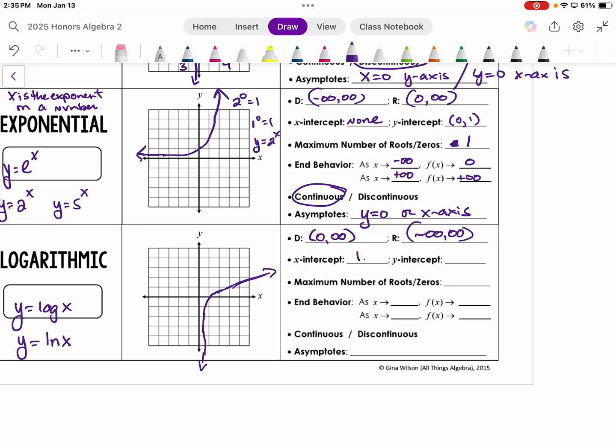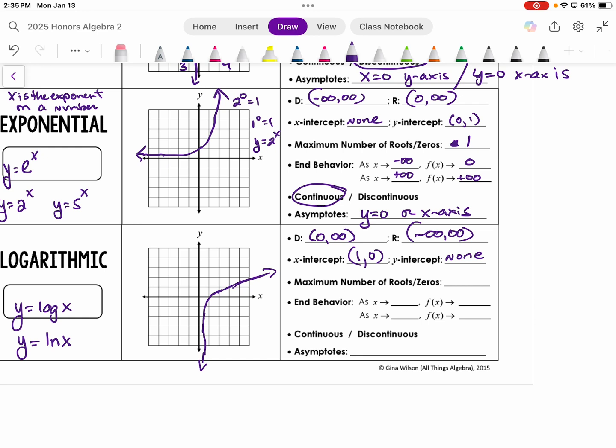The x-intercept is typically (1, 0). No y-intercept. The parent function does not have a y-intercept, because we're not allowed to put 0 in for x, and any y-intercept has x equal to 0.